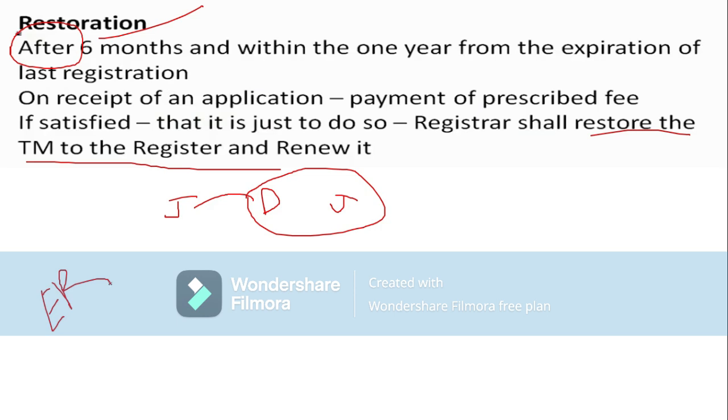It also grants the owner the right to prosecute against any unauthorized infringement. If any other person uses this person's trademark, it comes under unauthorized infringement, and the owner has every right to prosecute that person.